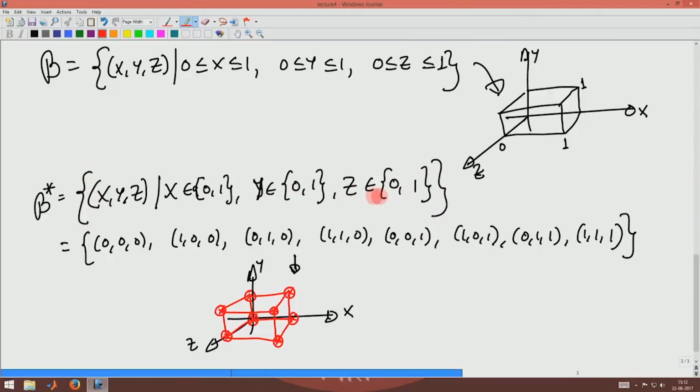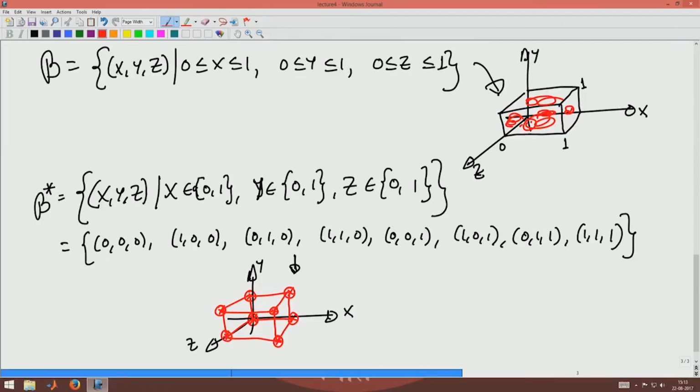Here it is discrete because elements of x, y and z are integers having values only 0 or 1, whereas here it is continuous, wherein x, y and z can take any number from 0 to 1. So, in this case this entire region is what the body is, the entire region occupied by the cube is what this body represents.